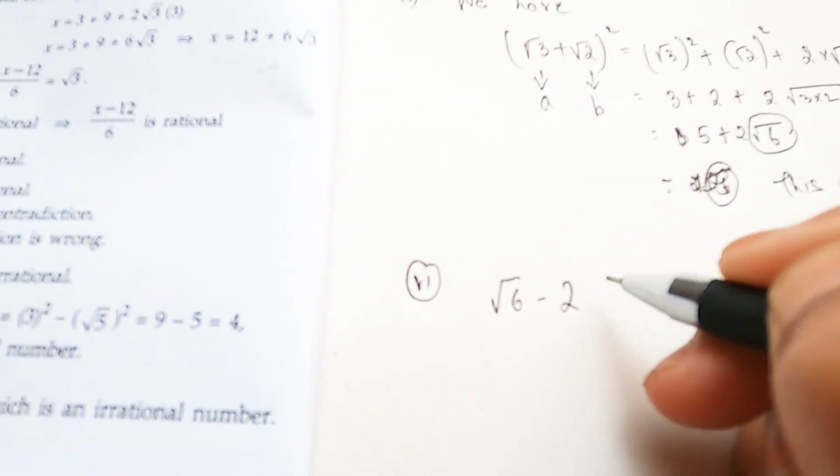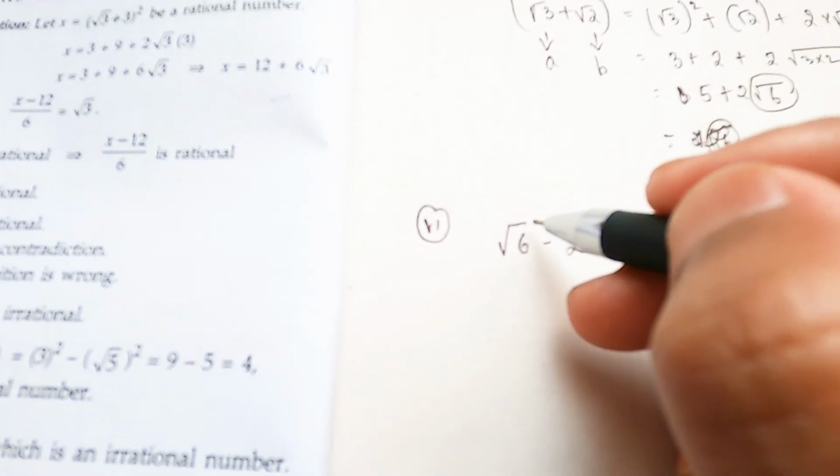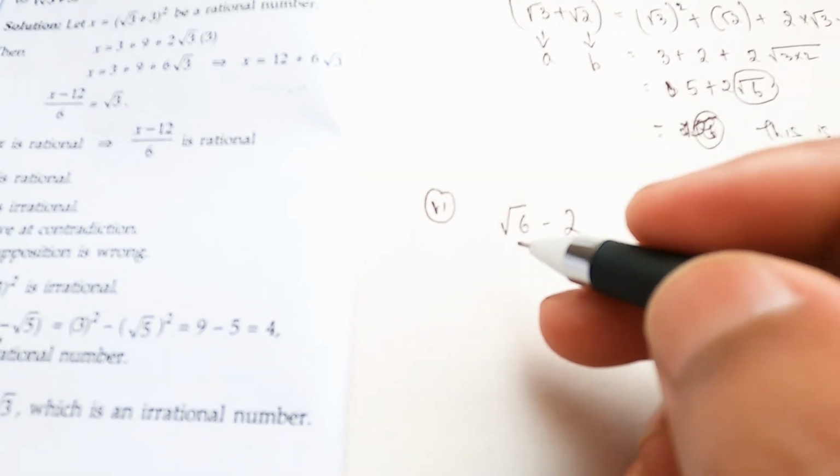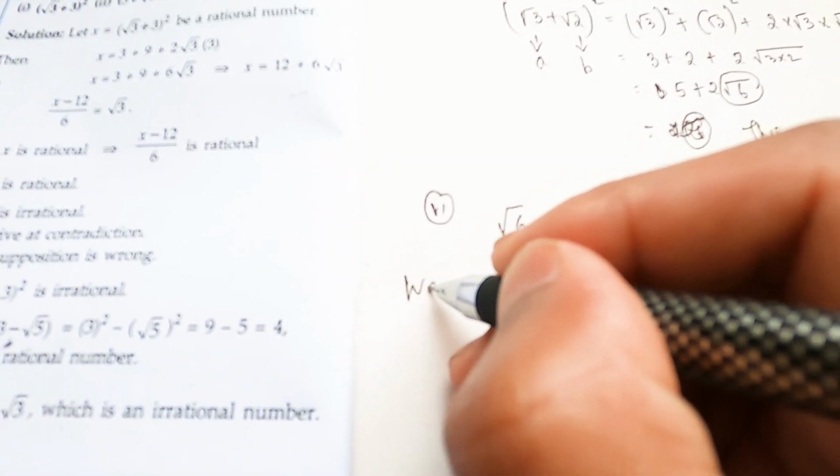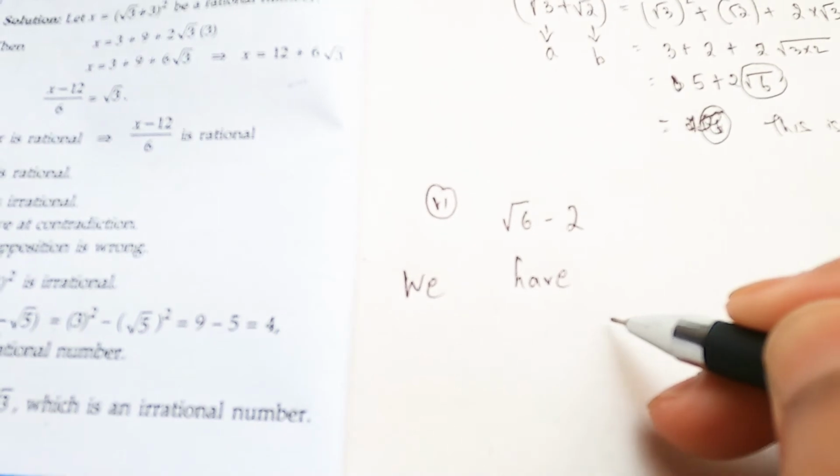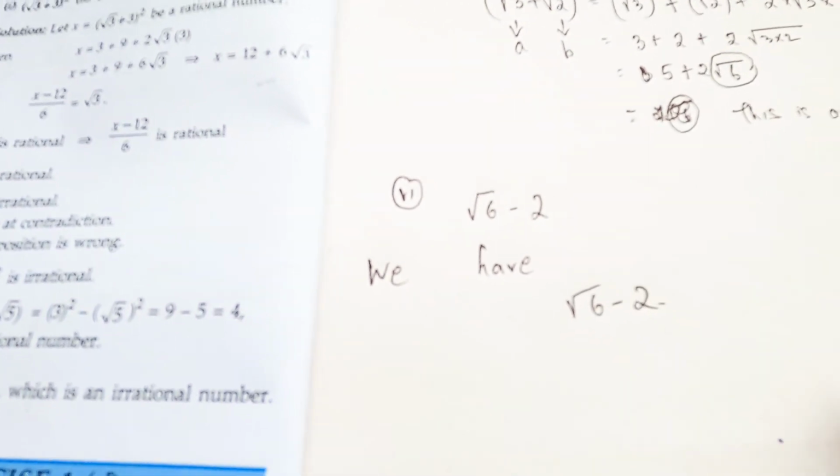All right, and the last one, root 6 minus 2. So in this case we know that root 6 is also an irrational number. So you write here we have root 6 minus 2.